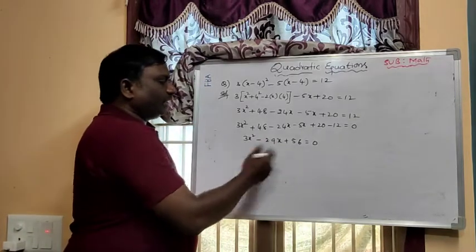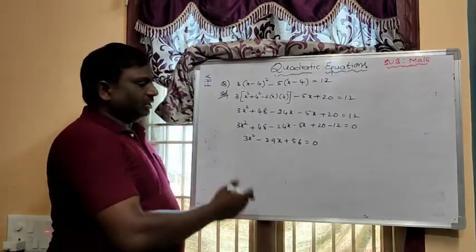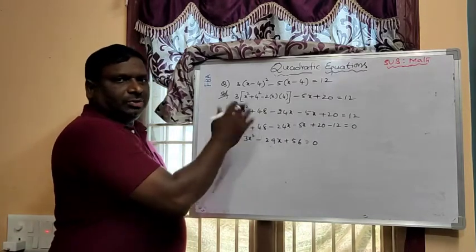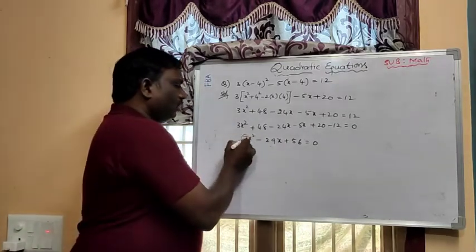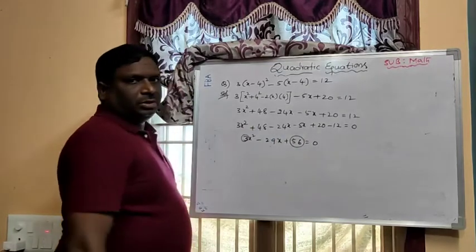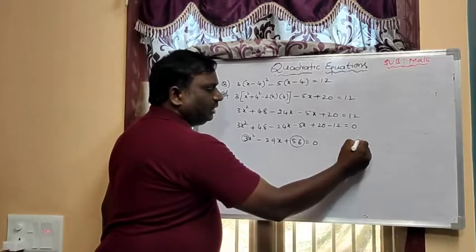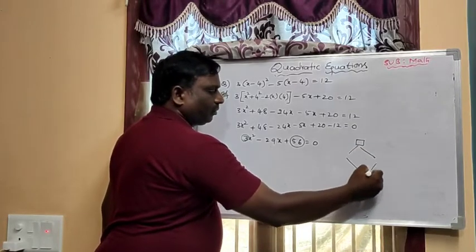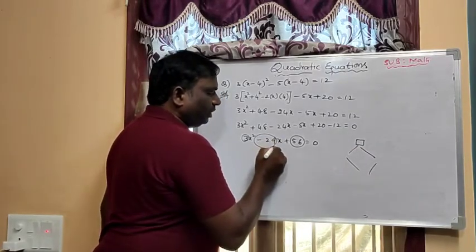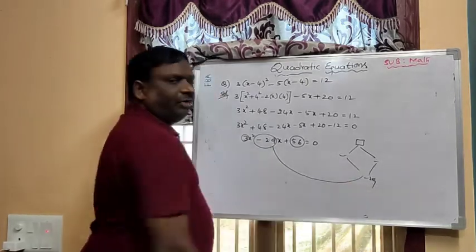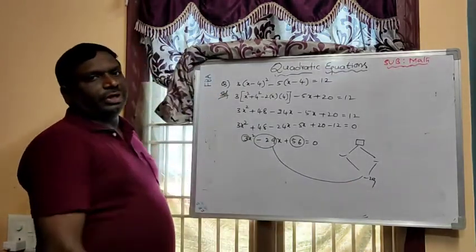Now we need to factorize this one. Already I explained different questions using factorization. Multiply this term and this term, take the product of these two values and write it like this here, and take −29 here. Then identify these two values and do the simplification.